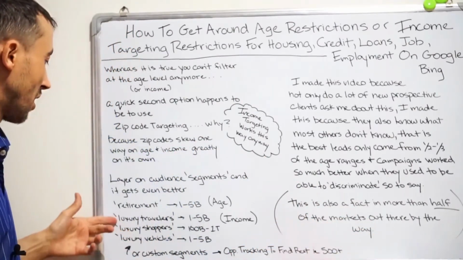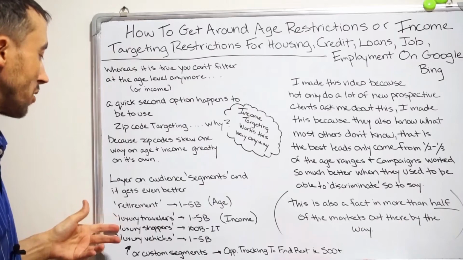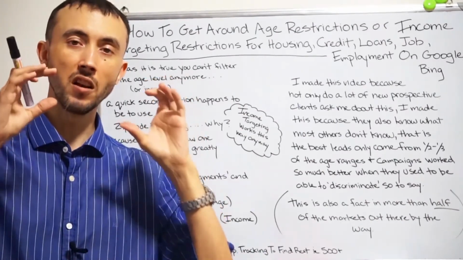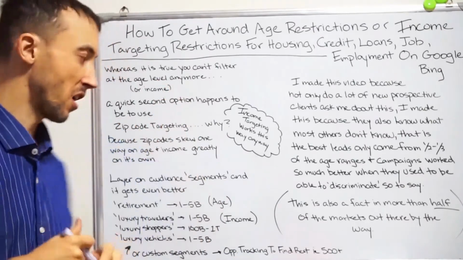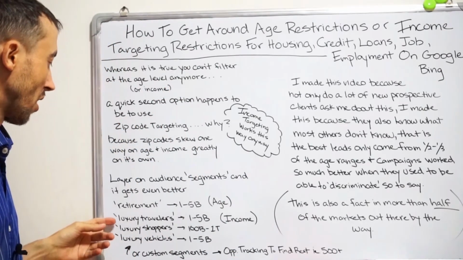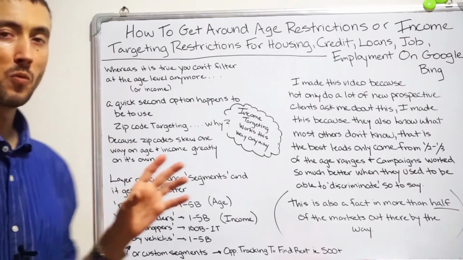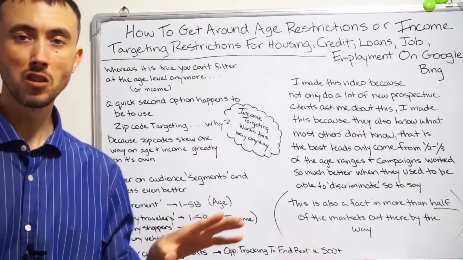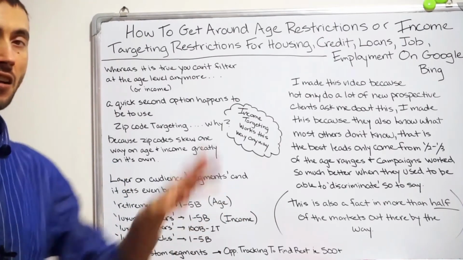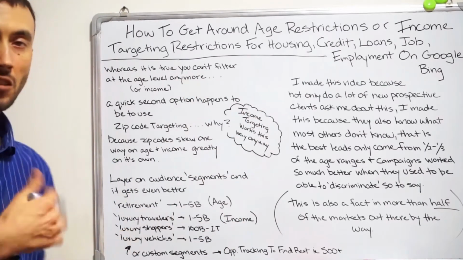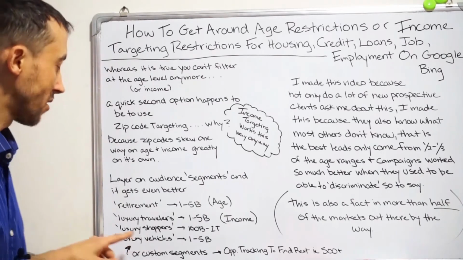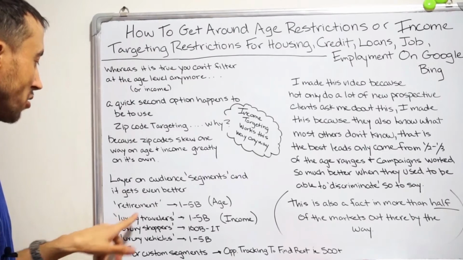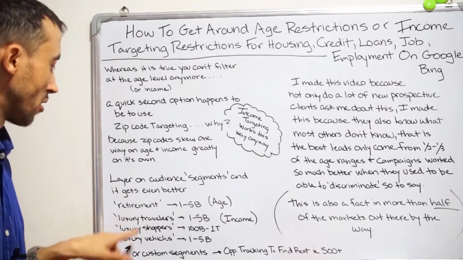So in other words, it can be somebody who's in more than one category that we build into one audience that works as one audience segment that we're targeting. And you could do that as many as you want. You could do 3. So when you are going to add these audience segments to filter your search campaigns to get people that are in the higher income demographic, if you want to get a little bit fancier and more precise, I would add each one of these audience segments: luxury travelers, luxury shoppers, luxury vehicles.